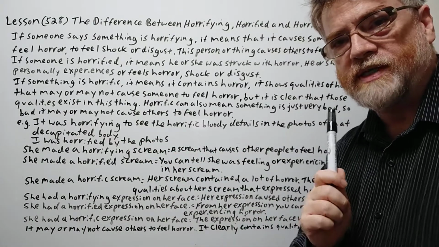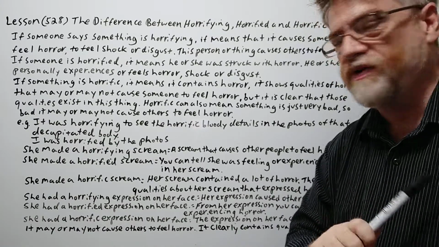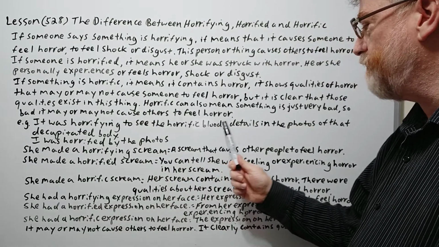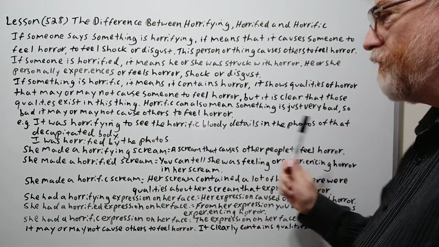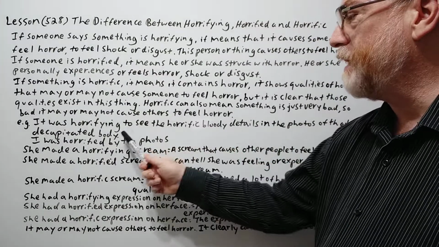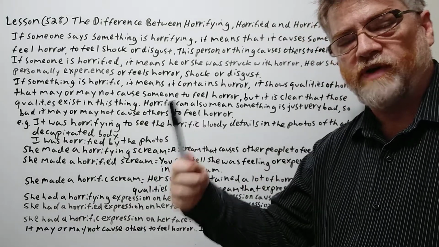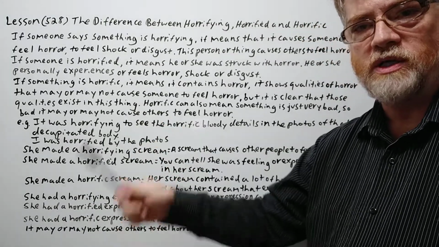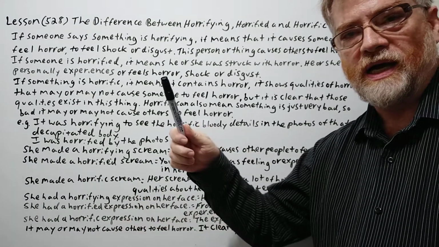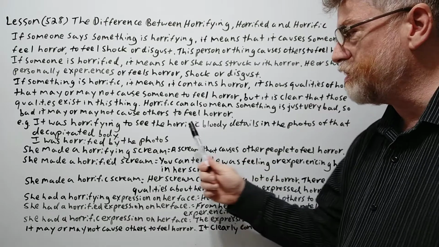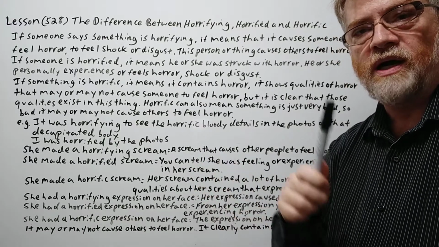Okay, and let's look at some examples to try to clarify this. It was horrifying to see the horrific bloody details in the photos of that decapitated body. So the experience was horrifying. The experience caused people to feel horror, shock, disgust. The horrific bloody details, so the details are horrific.